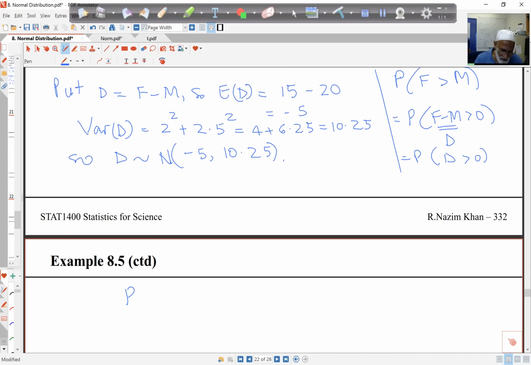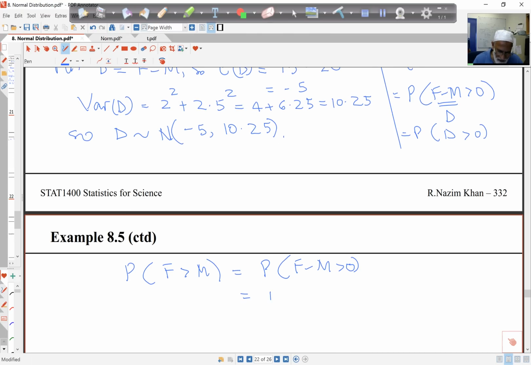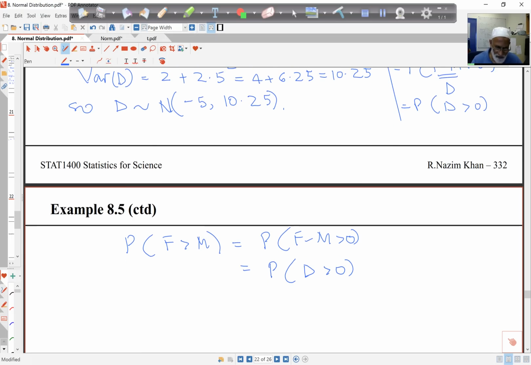So what I wanted was probability that the female earns more than the male. And that's the same as saying that female minus male is bigger than 0. And I can now replace that by simply saying D is bigger than 0. And I'll do the usual stuff, which is standardize this so it becomes probability Z is bigger than, be careful, it's 0 minus -5. So I'm bracketing it to make sure that I have the two minuses here. And I want the square root of 10.25 because I'm dealing here with the variance.